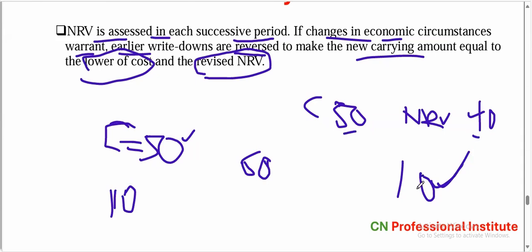Now that the condition that caused the write down is gone, we have to reverse it because our carrying value has increased. It's now 50 instead of the previous 40. So this previous 10 that we added to cost of sales, we have to go and reverse it, right? It's similar to the first one.